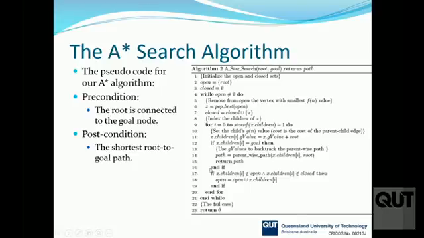If not, then another query has to happen. The search has to ask, if the child is not in the open set, and if the child is not in the closed set, then we put it into the open set. So the reasoning here is that if it's already in the open set, we don't need to add it again.